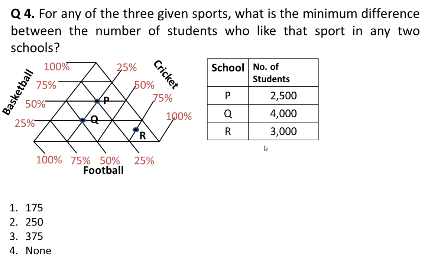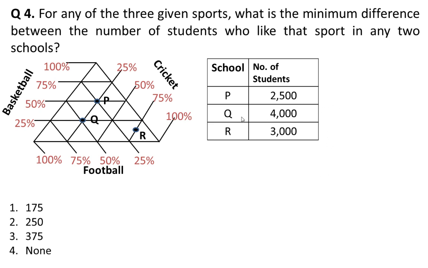The 3 given sports are cricket, basketball and football. For any of the 3 given sports, what is the minimum difference between the number of students who like that sport in any 2 schools?